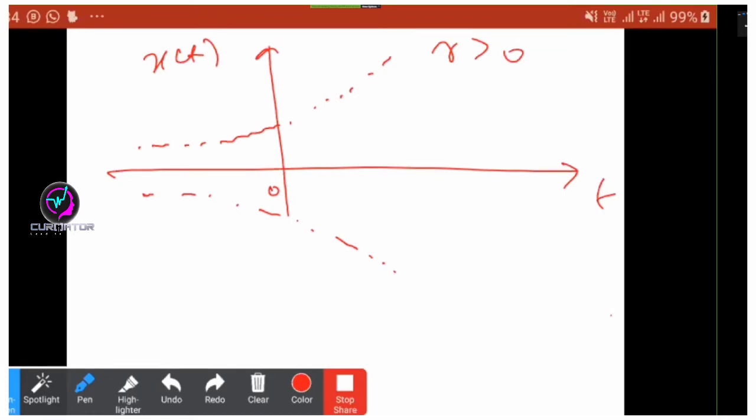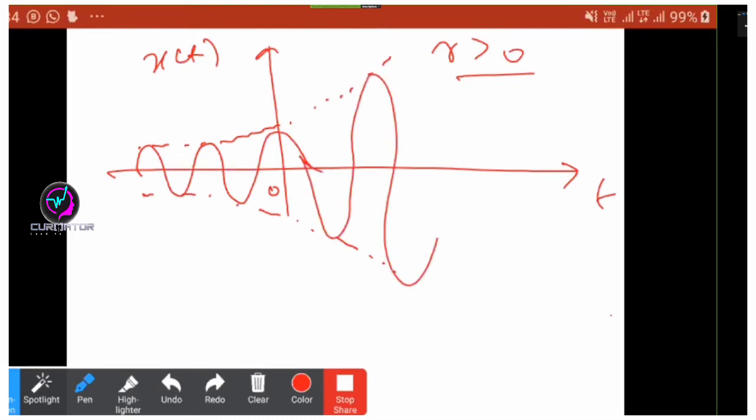When r greater than 0 in that equation, our graph will be like this. It will be sinusoidal, at the same time it will be exponential. The sinusoidal wave will increase its amplitude exponentially. This is how the graph will be when r greater than 0. This will be the mod c.